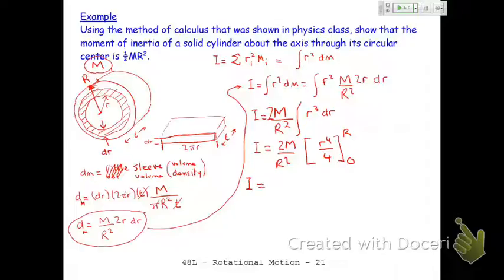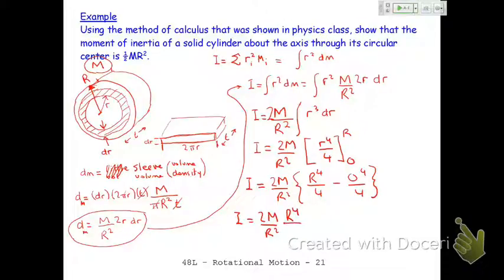So I is equal to 2m over R squared, big R to the 4th over 4, minus 0 to the 4th over 4, which equals 1/2 m r squared. Why is the big M and big R taken out? They're constants. You always take out the constants from inside your integral.